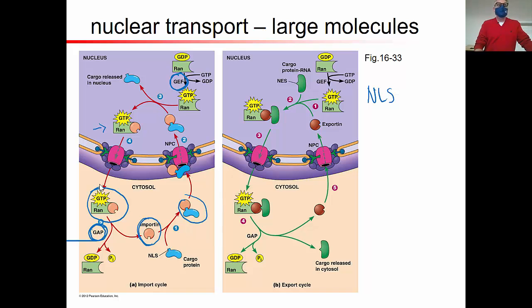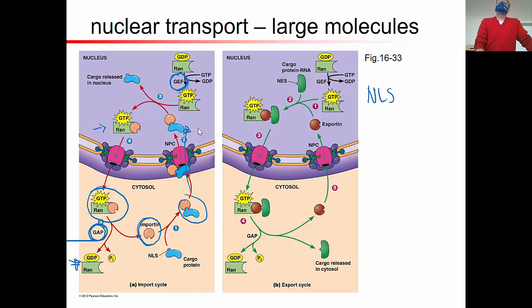Of course, we're in the cytosol, so the RAN will be in the GDP-bound form, and this can't bind the importin. So in the cytosol, the importin is free to bind to cargo, and it's brought into the nucleus.